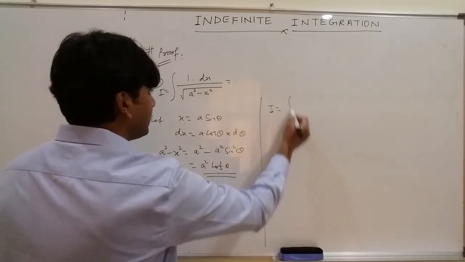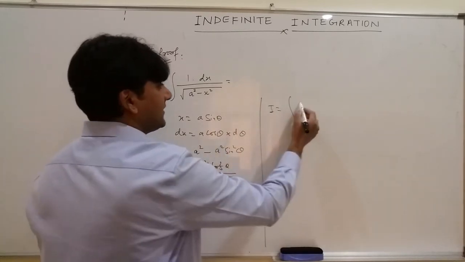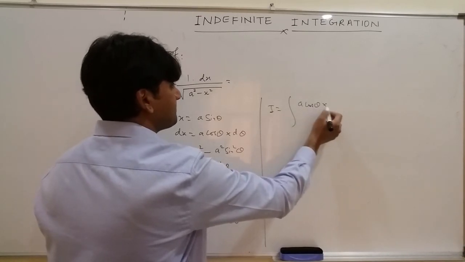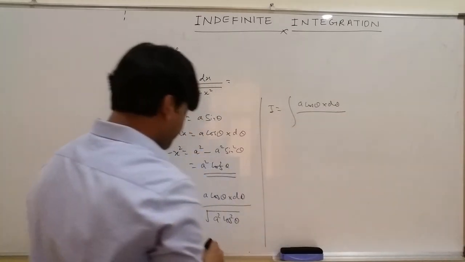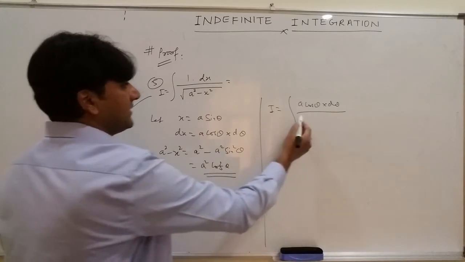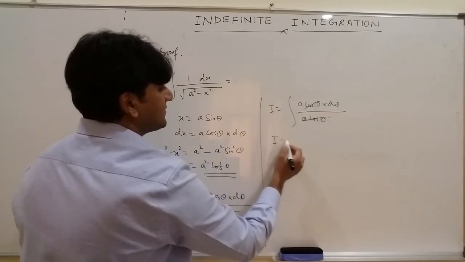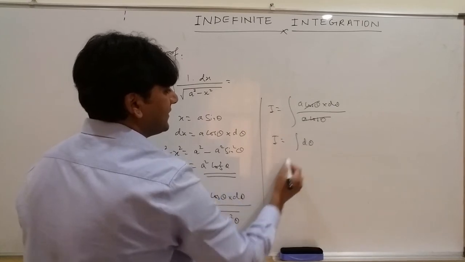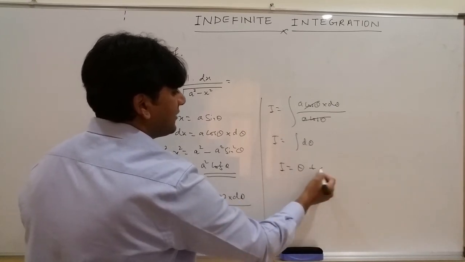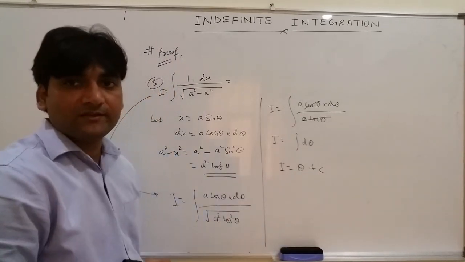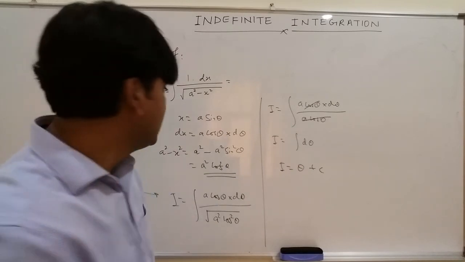Now this I equals a cos theta d theta over, this is a cos theta again, cancel. So I equals d theta, I equals theta plus c. Okay, so we need to find theta.